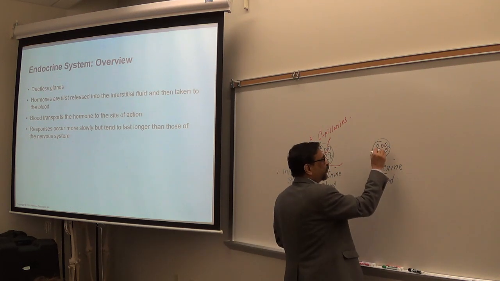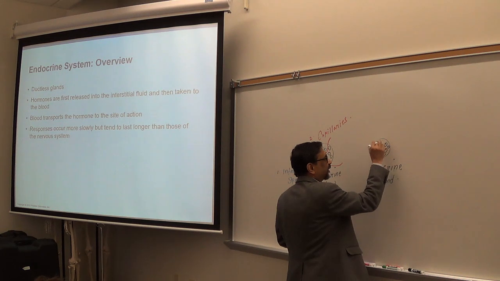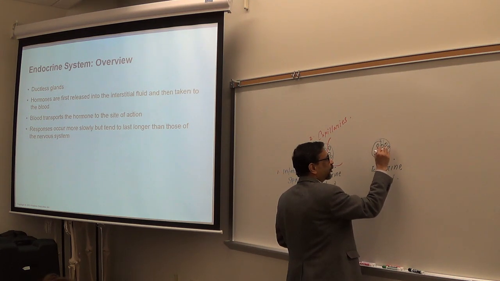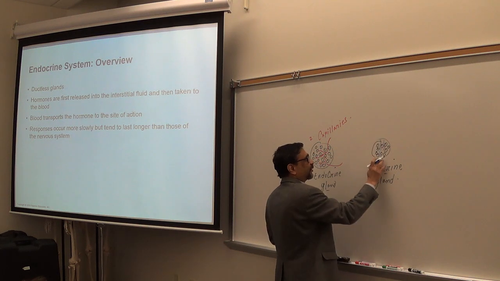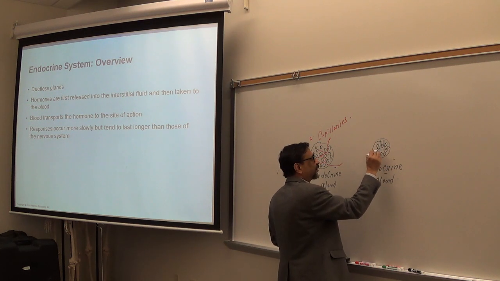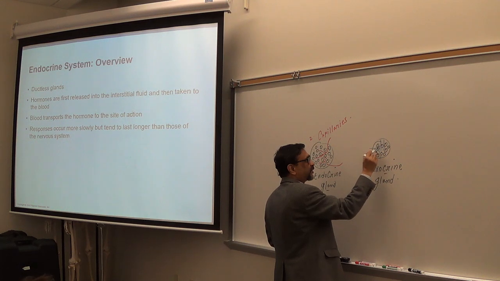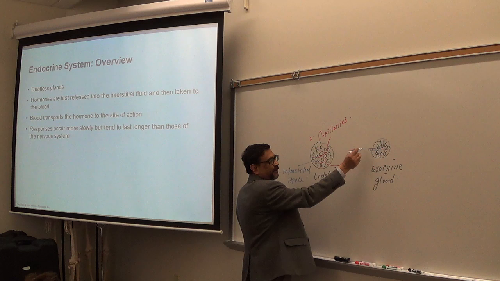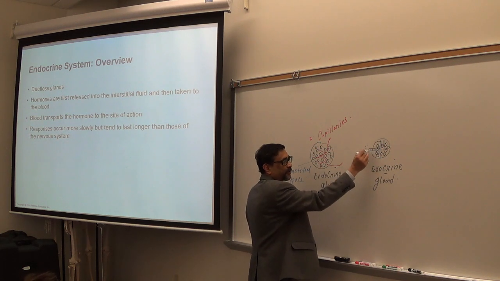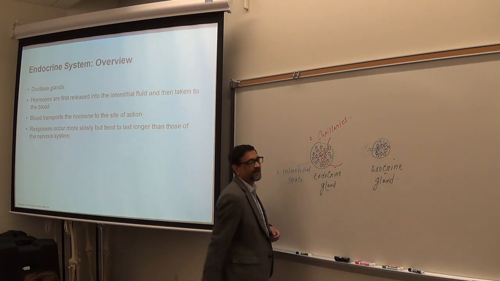You know, ducts are tube-like structures, right? So these are the ducts, small ducts, tube-like structures inside the exocrine gland. Then these ducts join together and form a large duct, and that large duct just goes to the outside and releases the hormones to the outside of the gland.